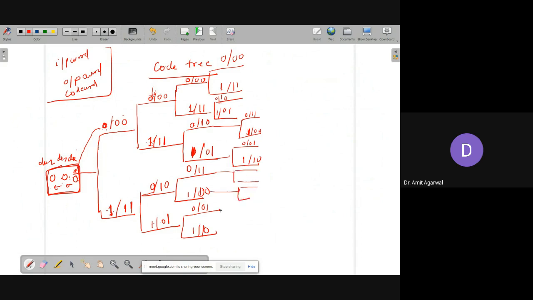And now you will realize that whatever the outputs of these branches are, they will repeat themselves.